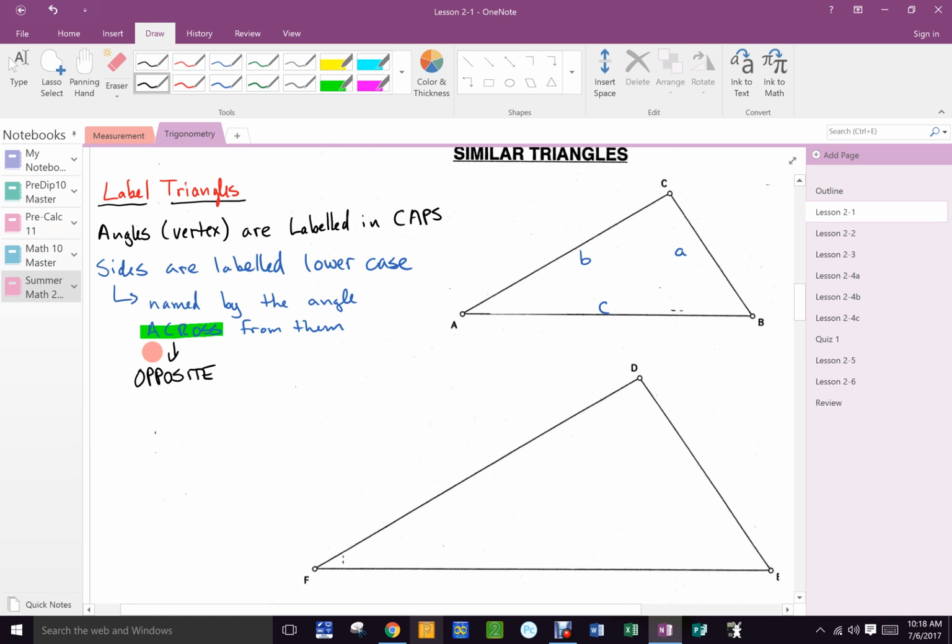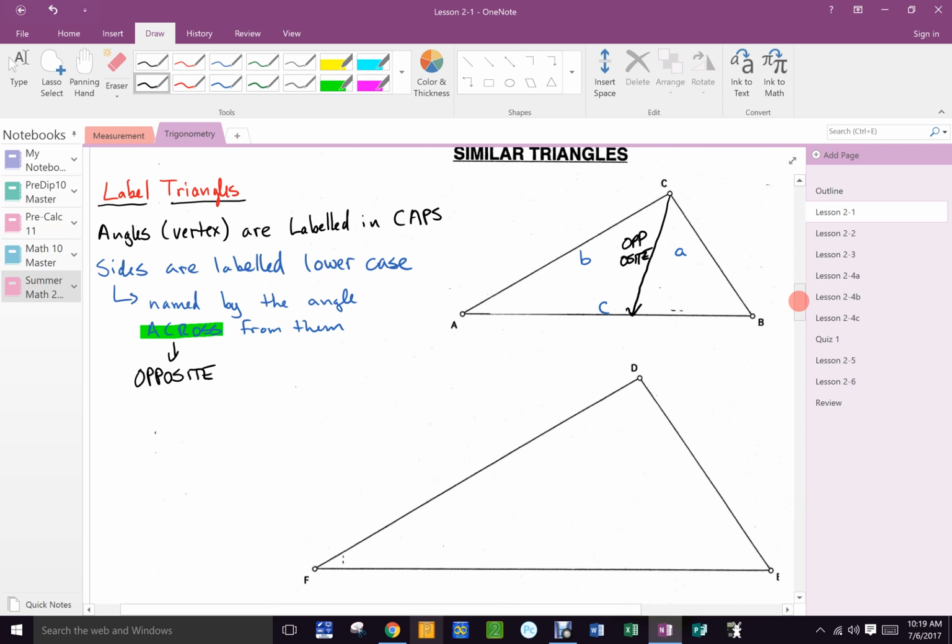Opposite means across the shape. So from wherever you start, whatever corner you start at, when you go across the shape, you have gone opposite. Sooner or later, that will wake up. There we go. Okay? Everybody got it?